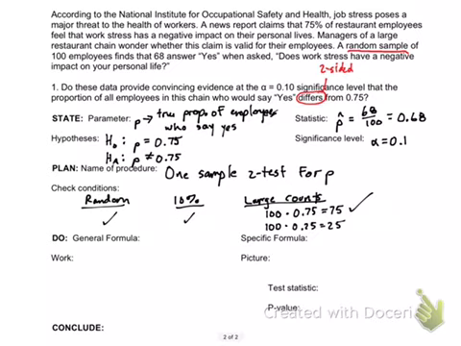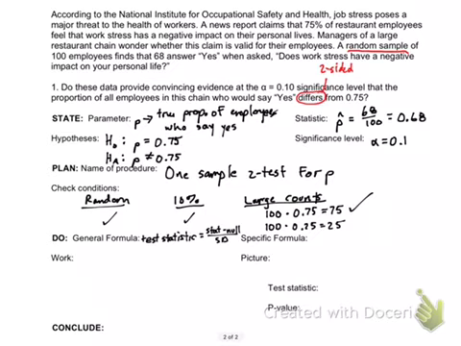All right, the general formula was our test statistic, which is, I don't have a lot of space here, so I'm going to put the stat minus the null over the standard deviation.